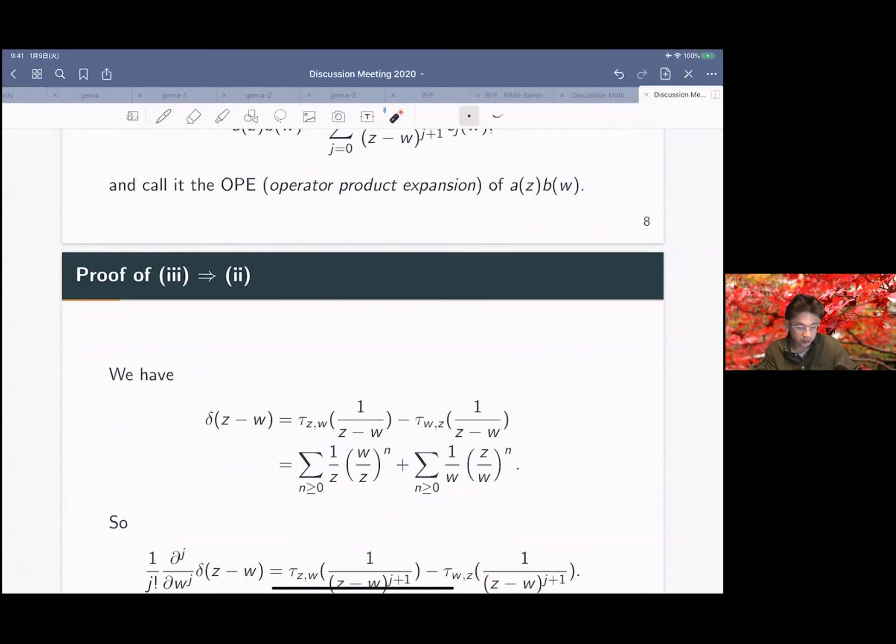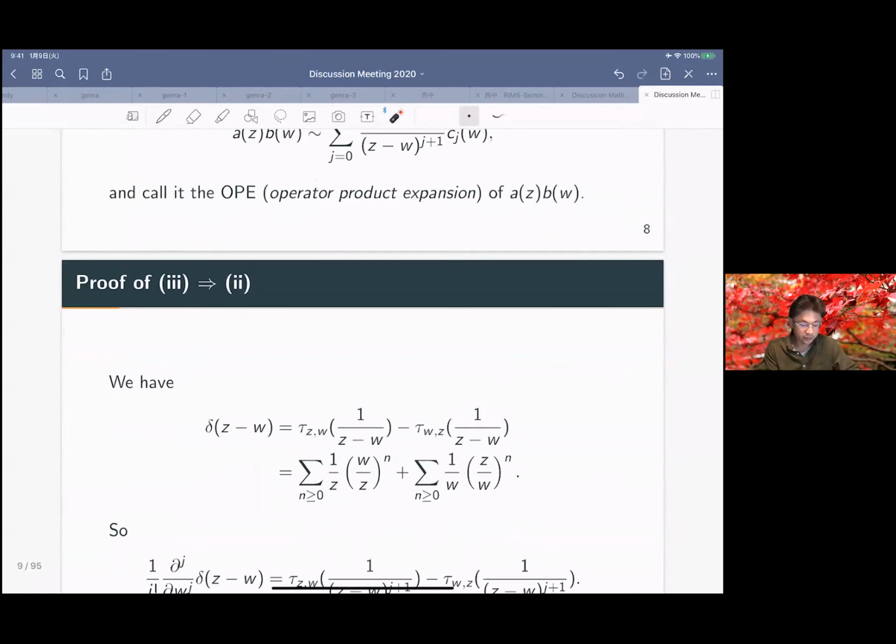You just have to notice this formal series. So this is just a sum over all n. This is a difference of the expansion of the same function 1 over z minus w expanded in different regions. So this is expanded when z is bigger than w, so it's expanded in this way.